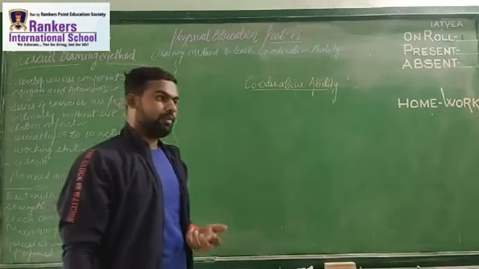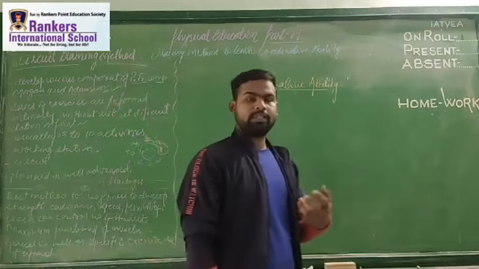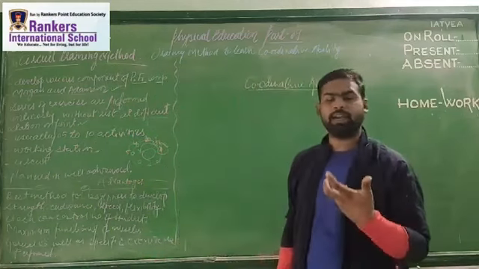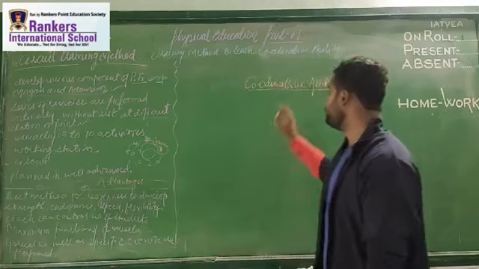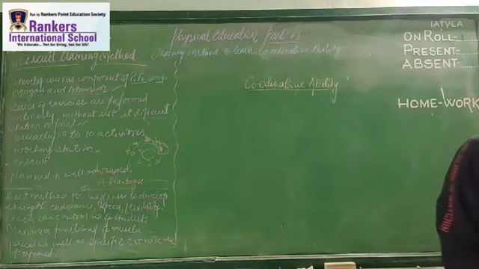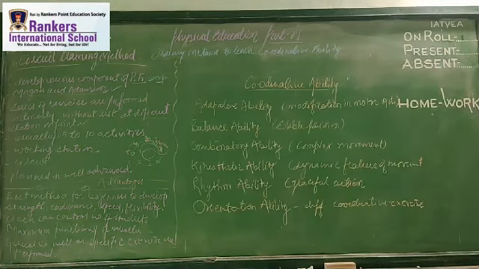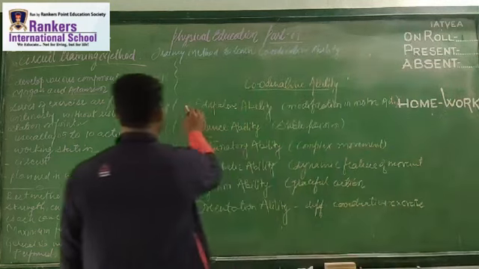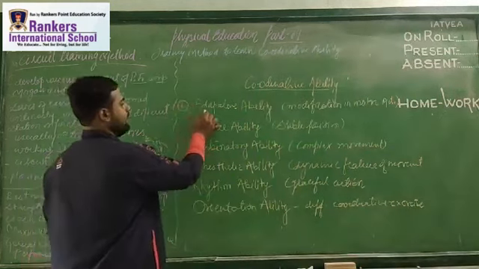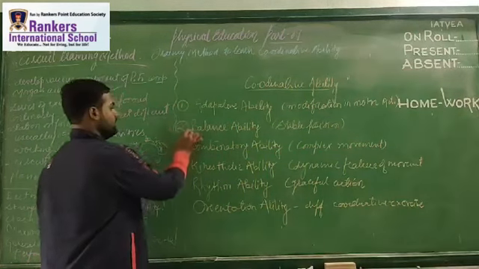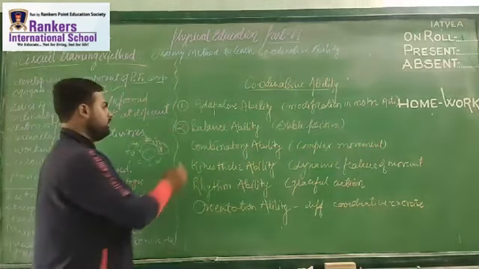And I also told you about the 6 types of coordinative ability, right? There are basically 6 types of coordinative ability that we have studied. What are these 6 coordinative abilities? The first is adaptive ability. The second is balance ability.